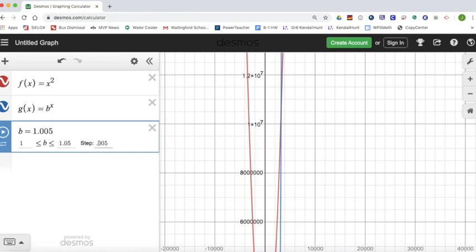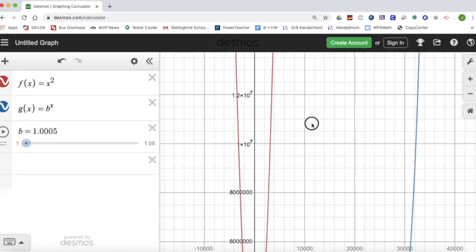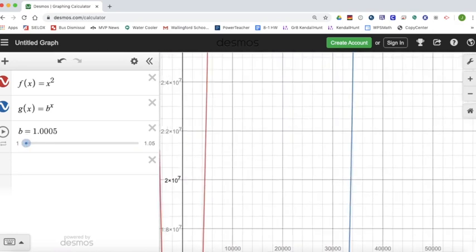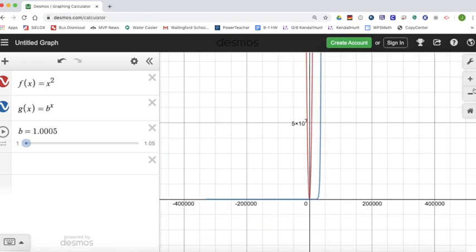I can make my step 0.00 and we'll add in a 1 there just to keep things fun. And I can make my step smaller and smaller. But you can see that vertical line. They will eventually cross. Trust me. It just might take a really long time.